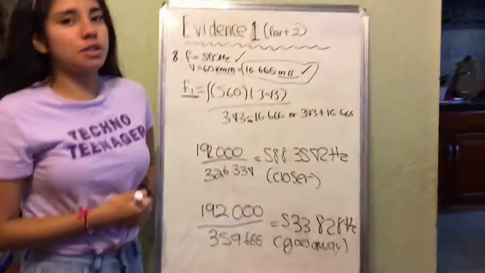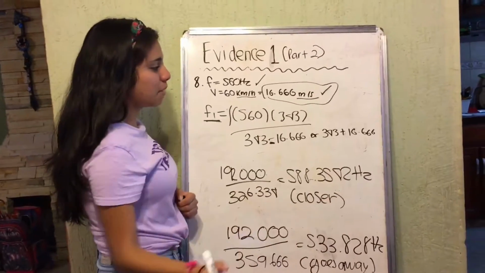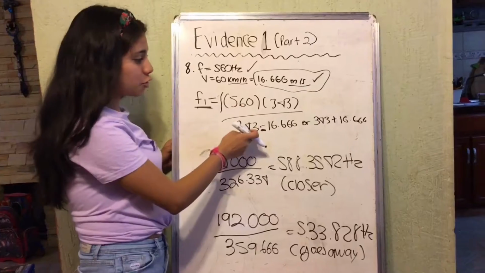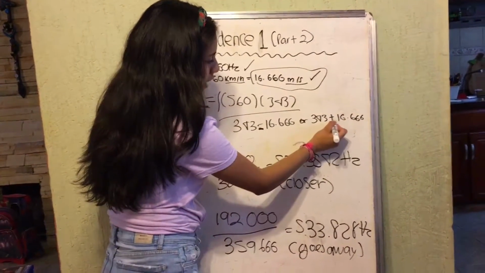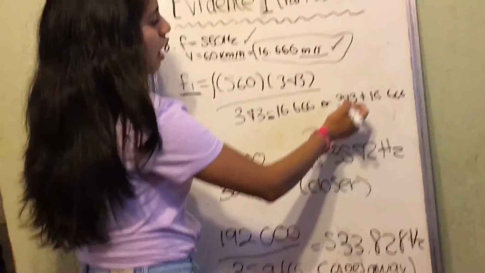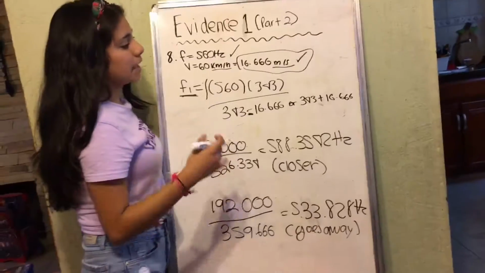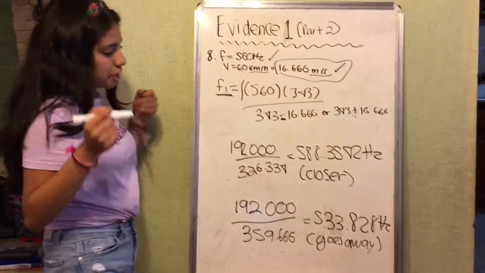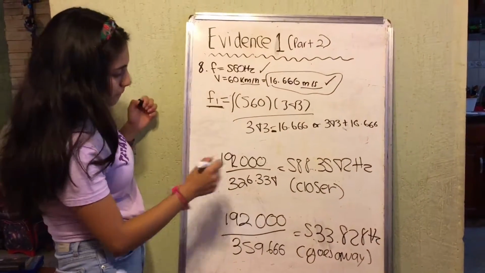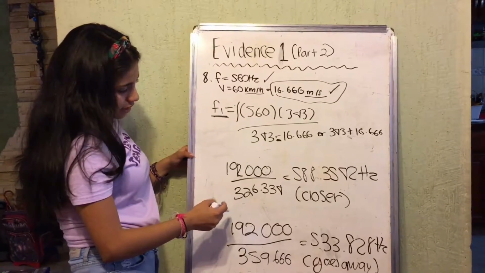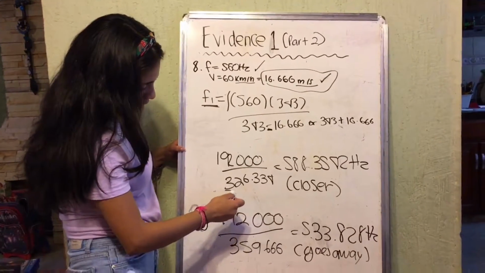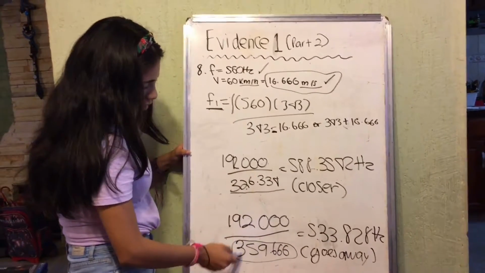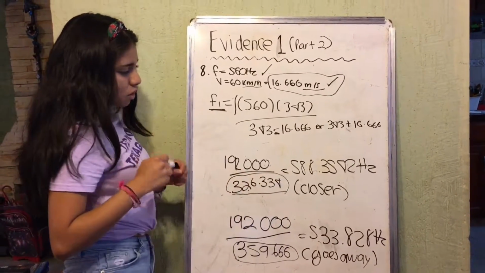And in the second equation we're going to do exactly the same, but this time instead of subtracting, we're going to add: 343 plus 16.666. Then we divide, and the results are different.